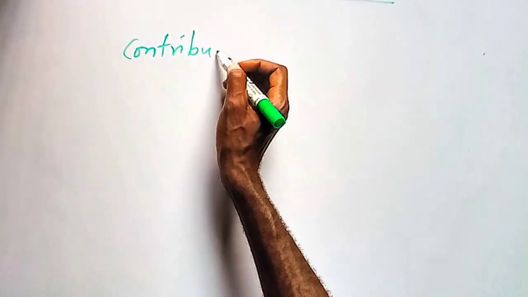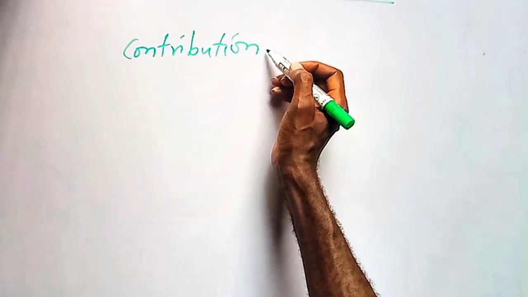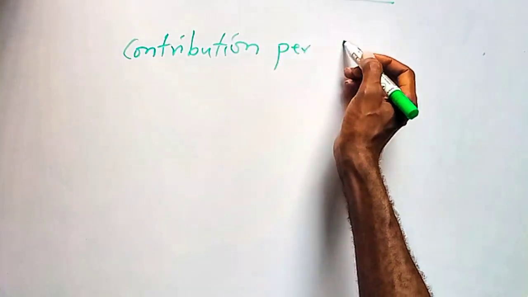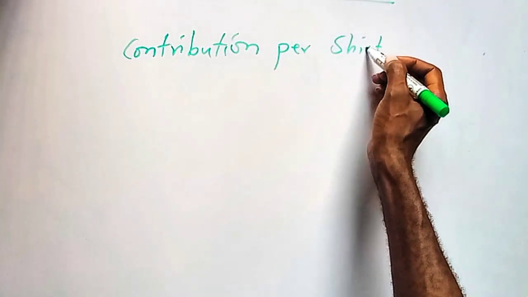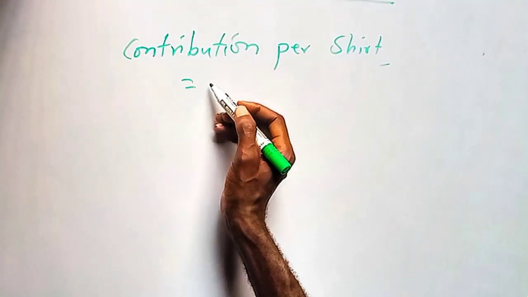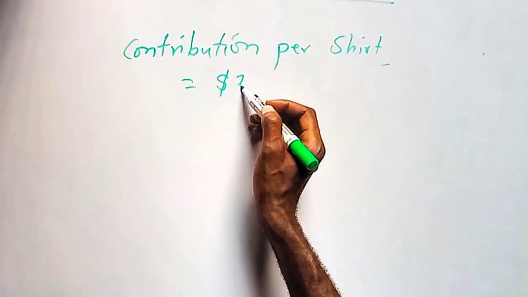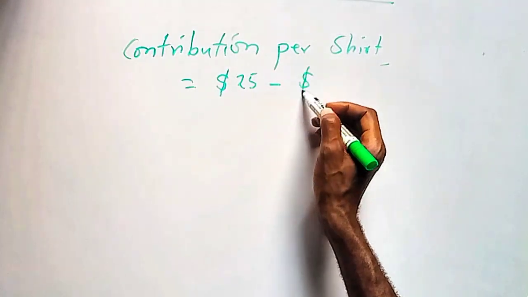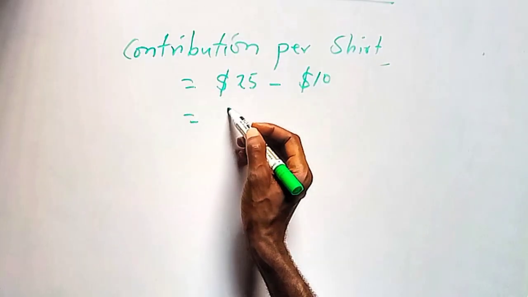Now, contributions per shirt will be equal to $25 minus $10, which is equal to $15.